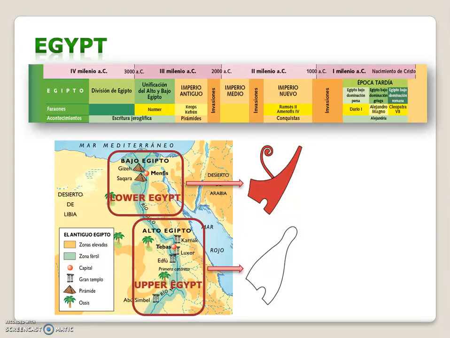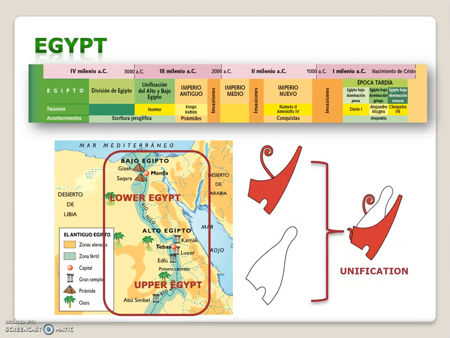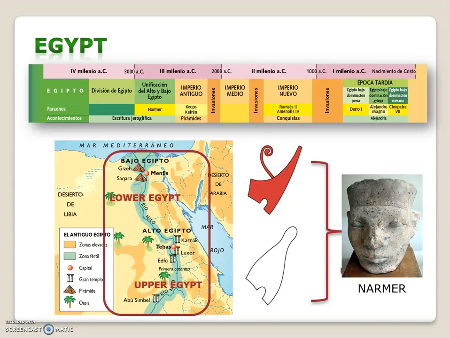These 2 kingdoms, independent at the beginning, were finally unified by a legendary king called Narmer, that was the first one to unify 2 kingdoms into one, the ancient kingdom of Egypt, and the name of this pharaoh was Narmer.